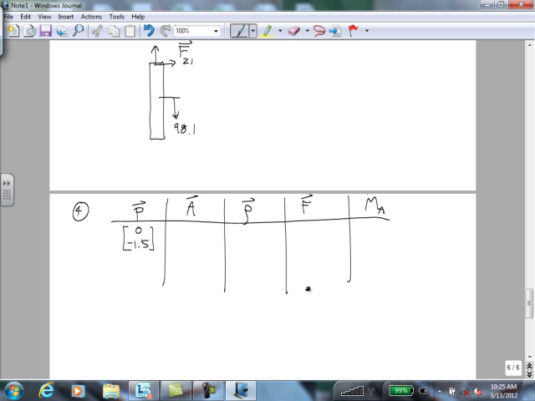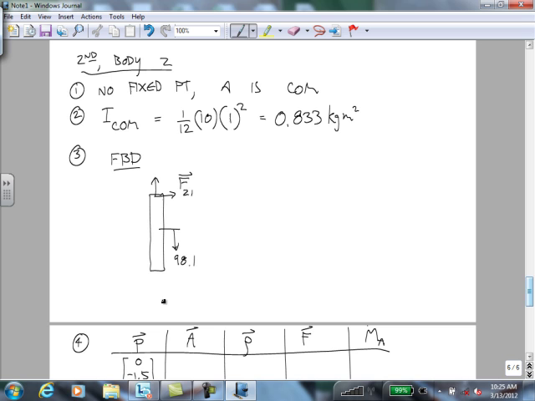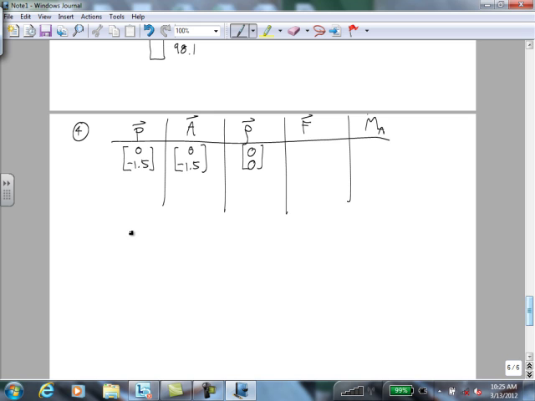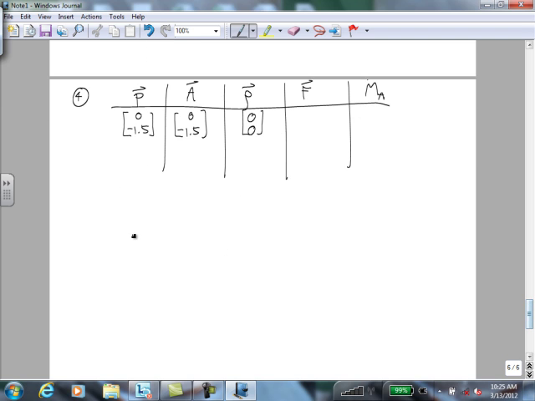In this case, 0, negative 1.5. So the row vector is 0. The force vector is 0, negative 98.1. And so the moment is 0.